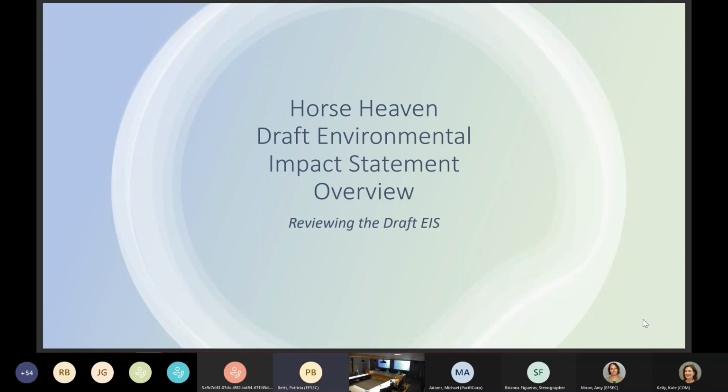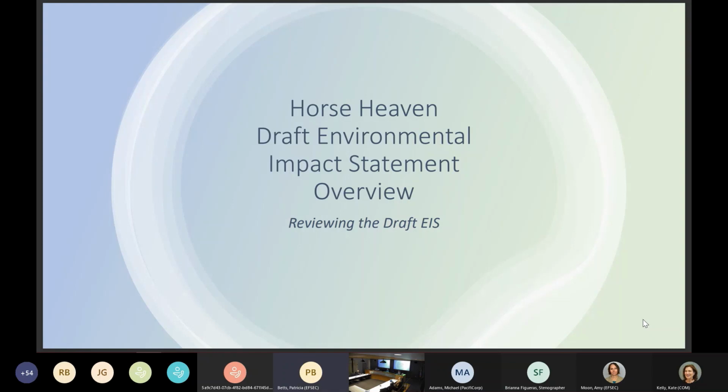If the applicant changes their proposal, and let's just say, for example, they decide that there's some acreage somewhere that they had not originally anticipated they wanted to use, but they now want to use that acreage, and it's added to the proposal, we have to re-examine that from a SEPA perspective.